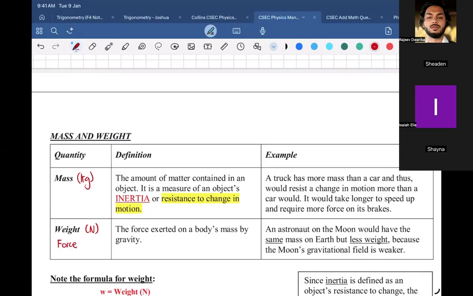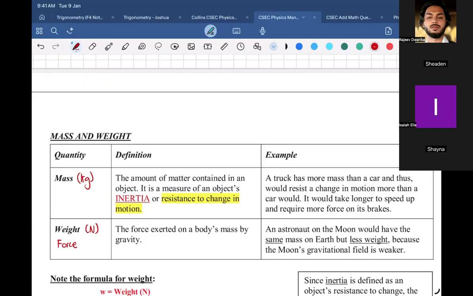So Shay, are you ever going to mix up the two again? Oh no, I don't think so. Good. And Shayna, if you ever have a hard time remembering or distinguishing, just always remember weight is a force, so newtons.